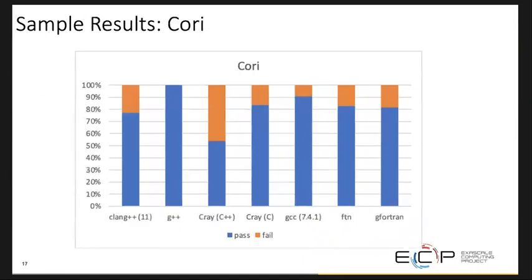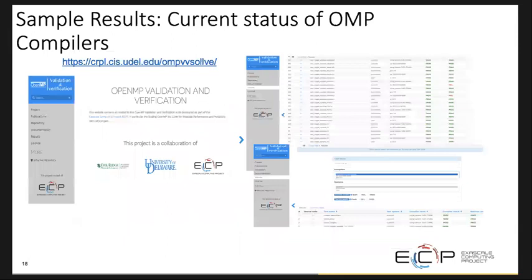Similarly, we did it for the Cori computer at NERSC. So our personal experience at this point is that IBM XL compilers are definitely ahead of the curve, but GCC as well as Cray are catching up.